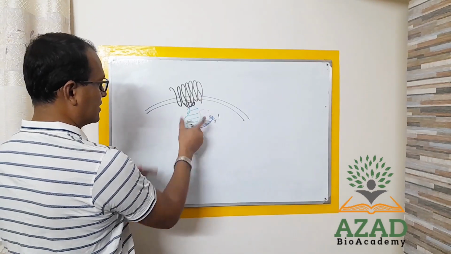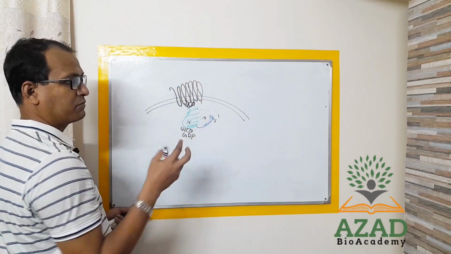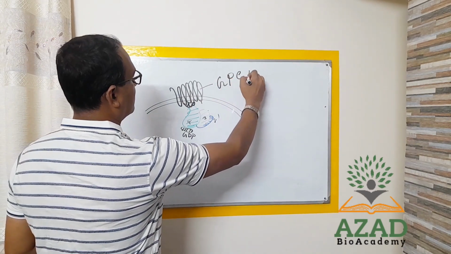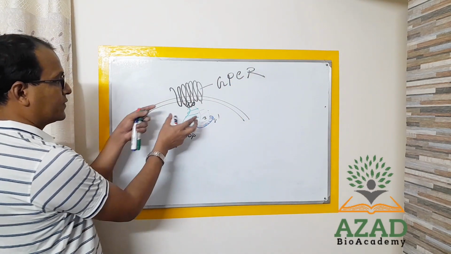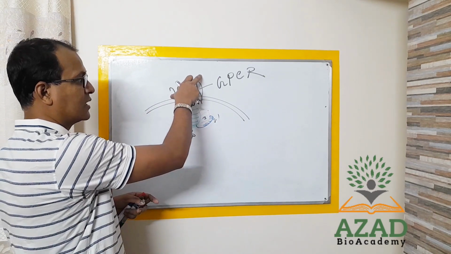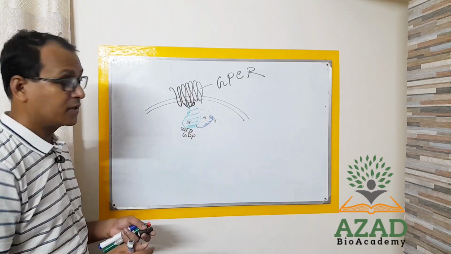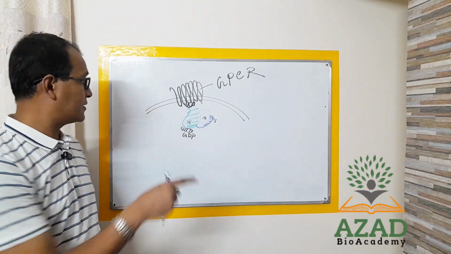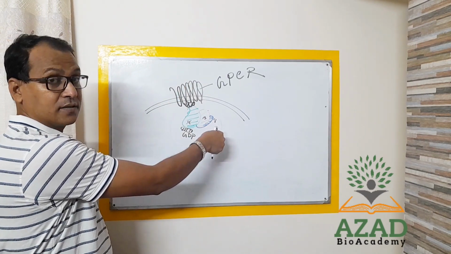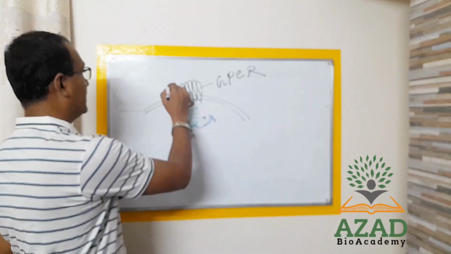So what would be the name of the receptor? Very simple, it is the G protein coupled receptor, because this G protein is coupled with a receptor. Some drugs will activate that G protein, but that drug will not be allowed into the cell. So how will it work? Firstly, it will just bind like that.